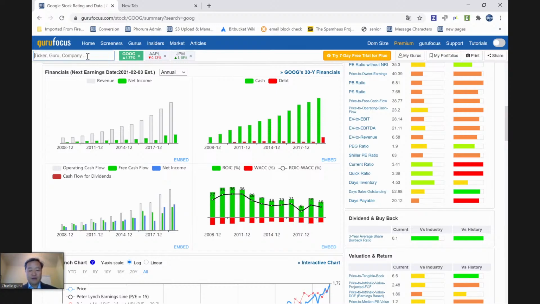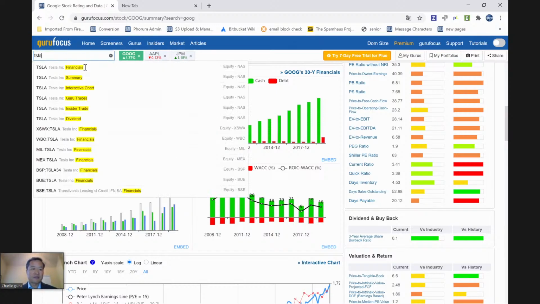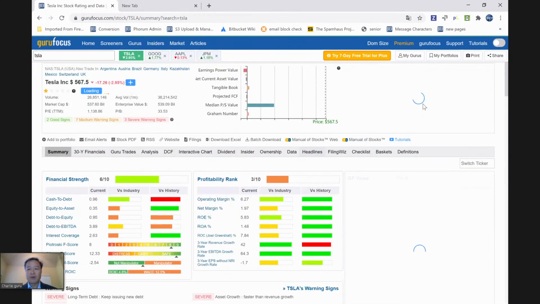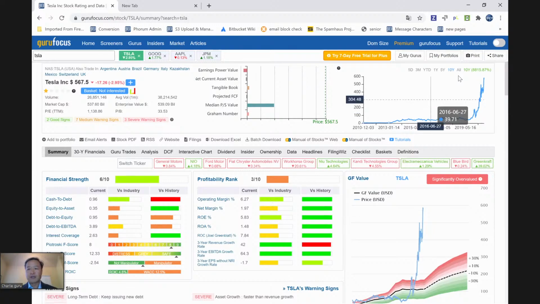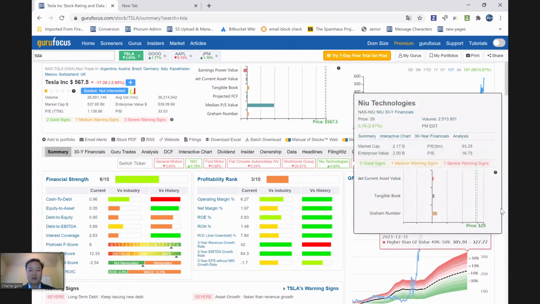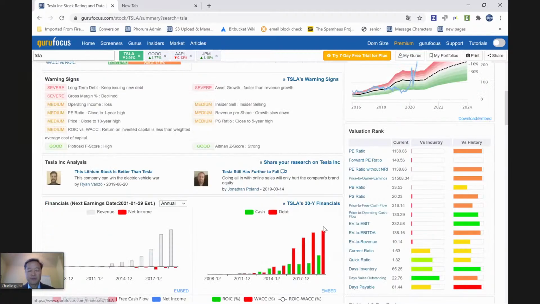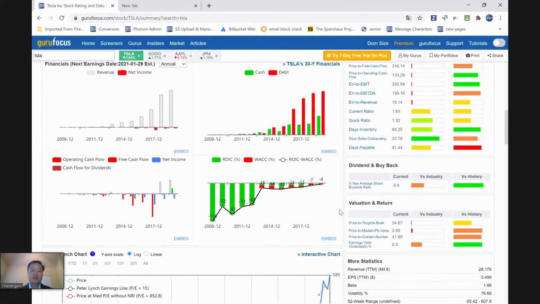Let's try a different company, Tesla, for instance. We know that it's a very hot company this year and has had tremendous gains in its stock. Now let's look at their return on capital and the cost of capital. You can see that historically, because Tesla always had losses, the return on invested capital was negative.